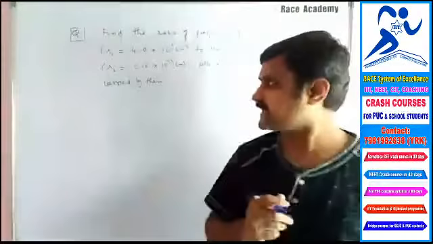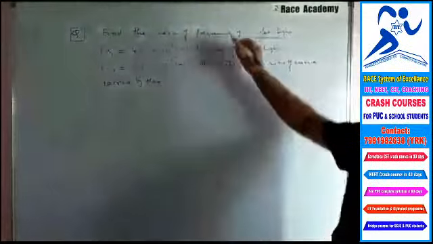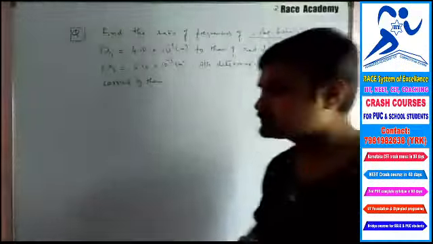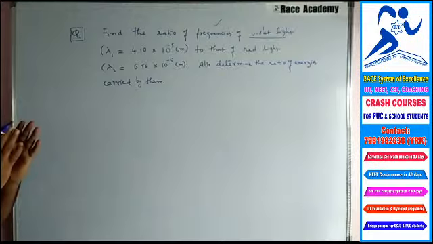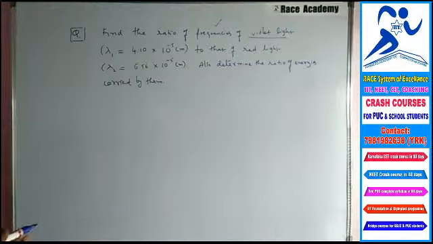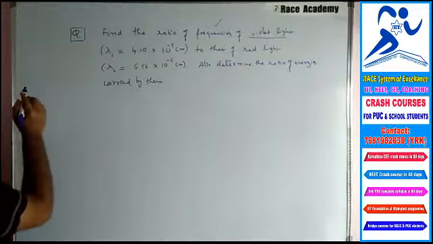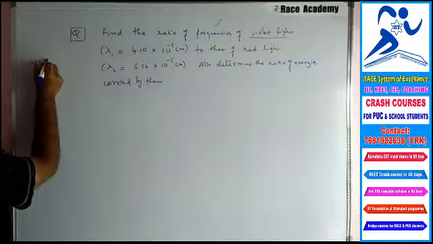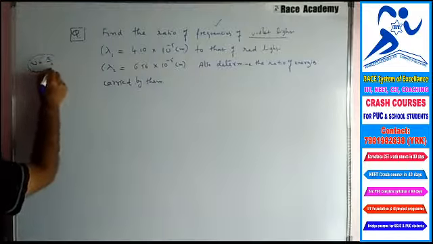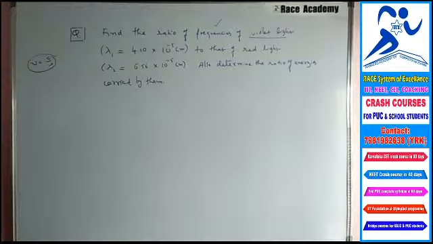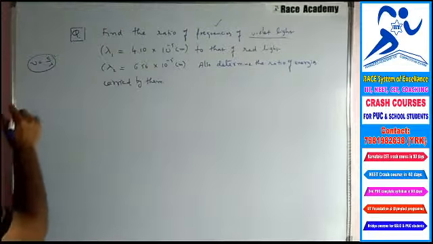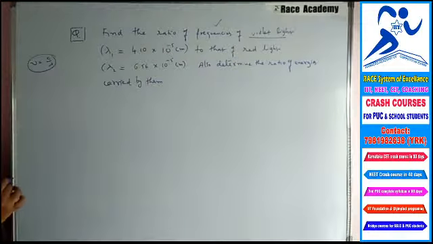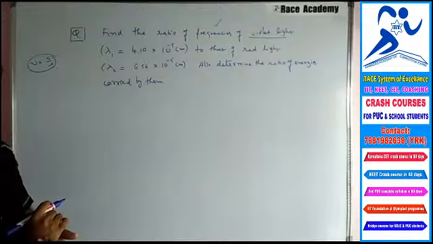So they are asked about the ratio of frequencies. We know the frequency and wavelength relation. As you know, nu is equal to c by lambda is the general formula. From this, we can understand that the relation between nu and lambda is inversely proportional.